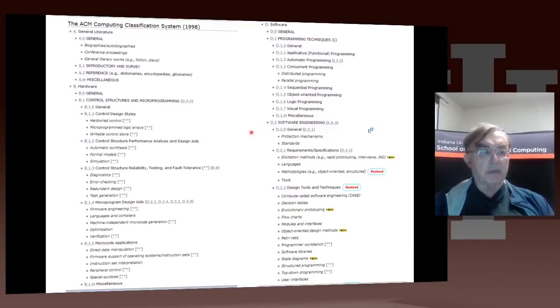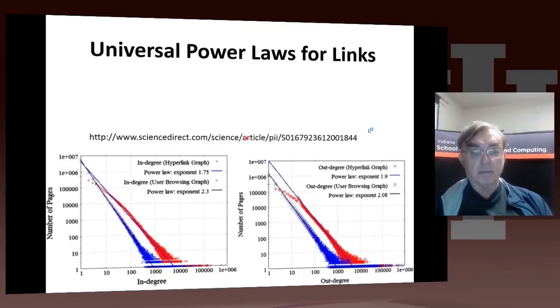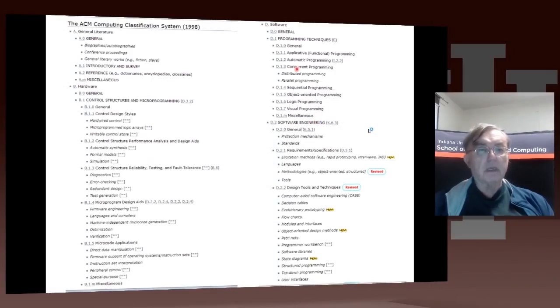Here's software engineering, here's hardware. I must admit, I think this is not very successful because over the last 15 years, the important areas of programming have changed. MapReduce is important in clouds, or the language of Python, which we're using in this class, is important, which did not exist.